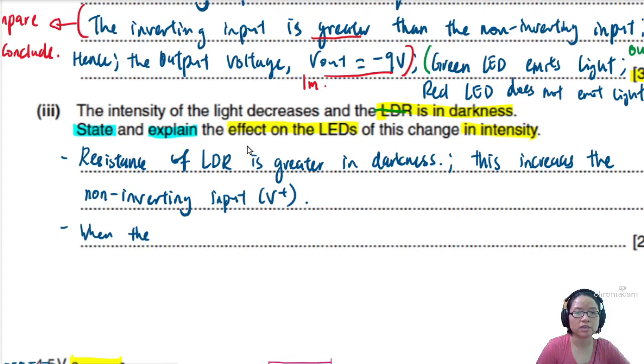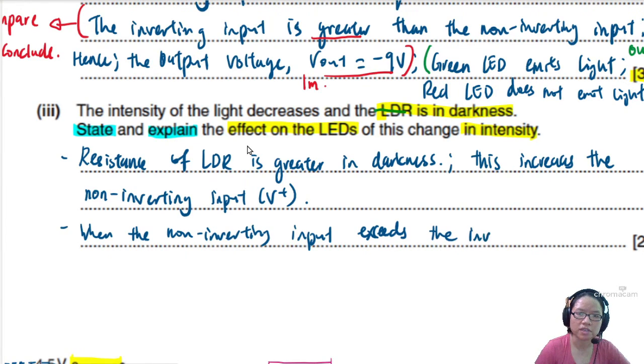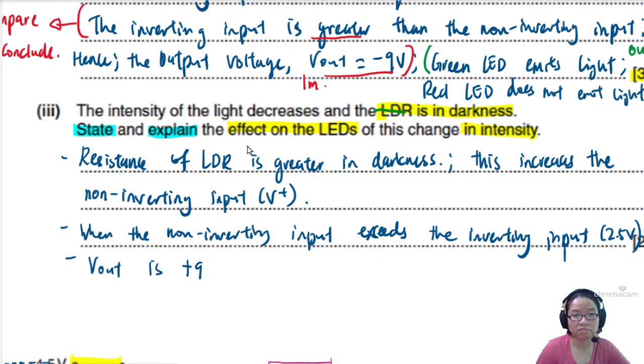When the non-inverting input exceeds, or is greater than, the inverting input, or you could say when it exceeds 2.5 volt, V out is positive 9 volt.